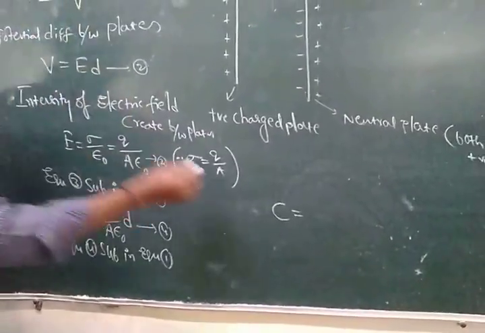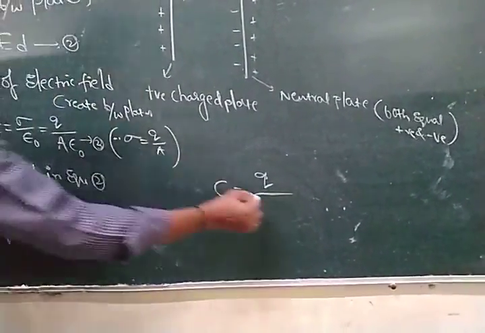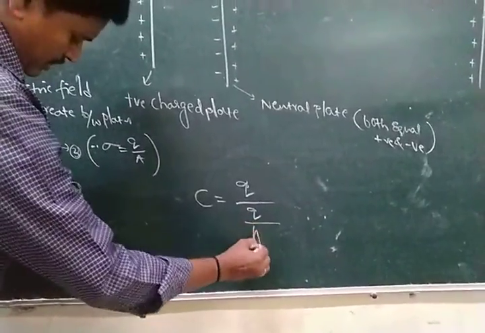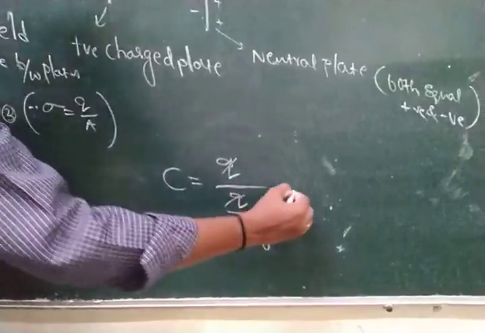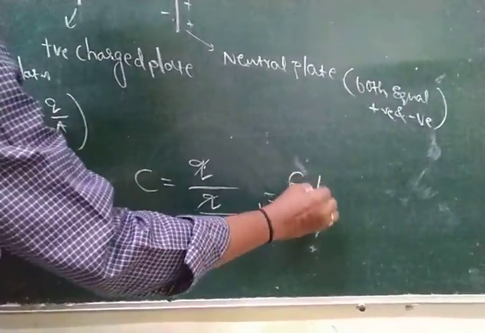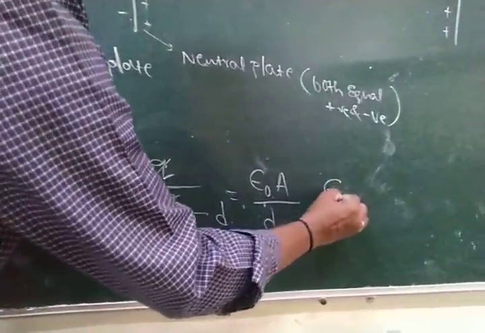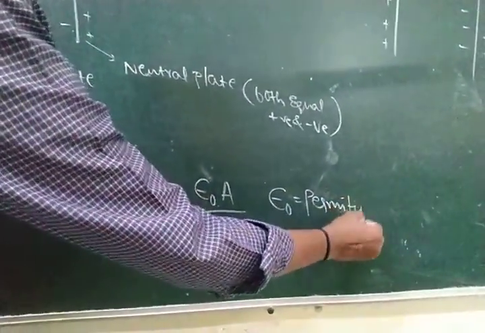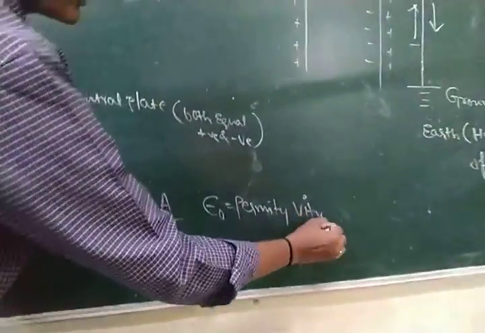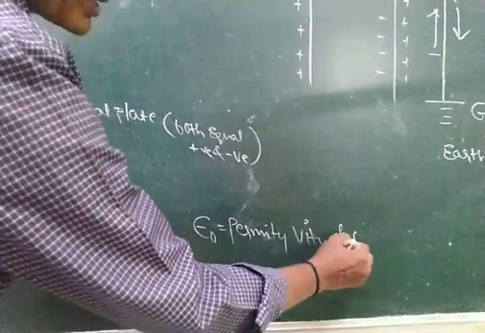C is the capacitor capacity, that is Q by V. V is nothing but Q d by A epsilon naught. Q cancels, so we get epsilon naught A divided by d, where epsilon naught is the permittivity of free space.